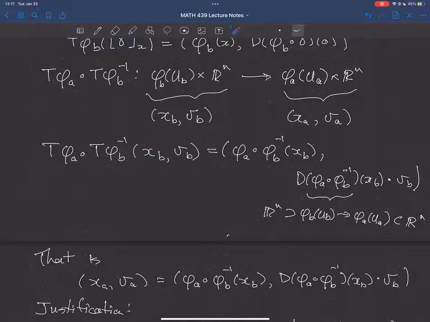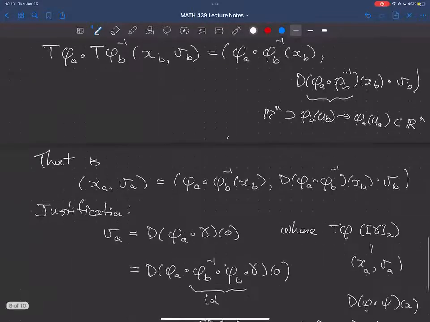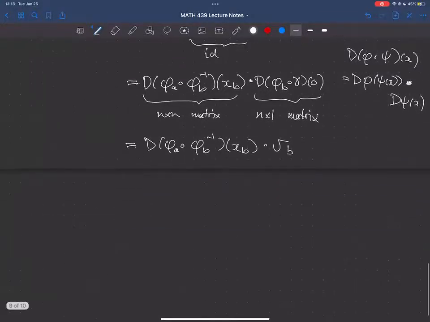What we now need to understand is that this mapping is a C infinity bijection, okay, with a C infinity inverse. Okay, so in other words, that it's a C infinity diffeomorphism.